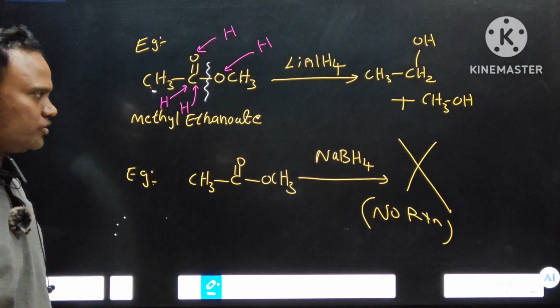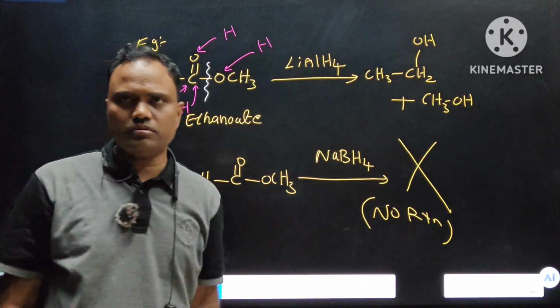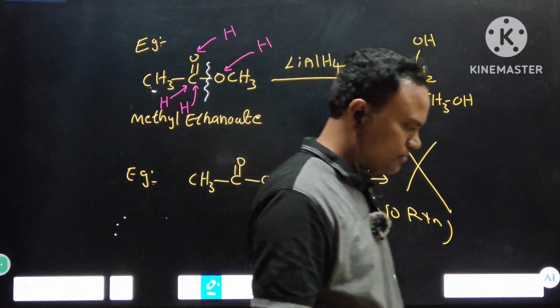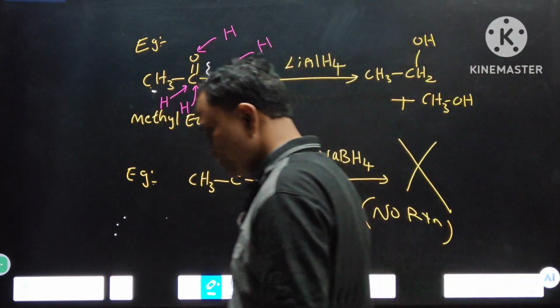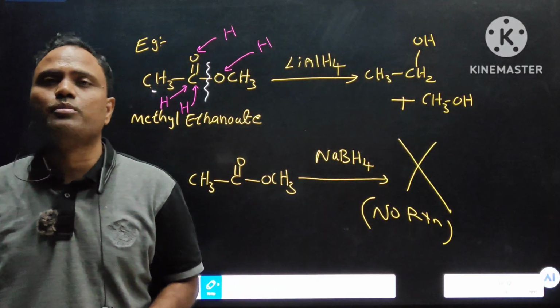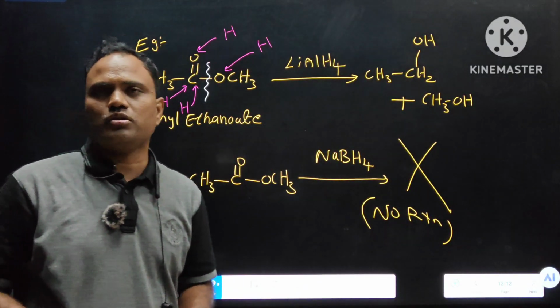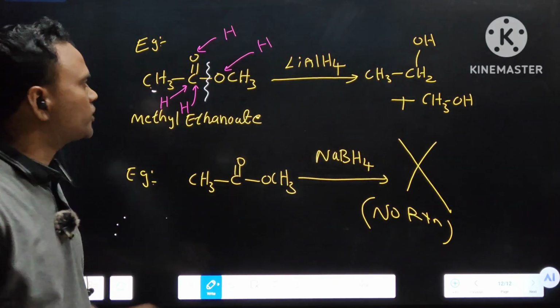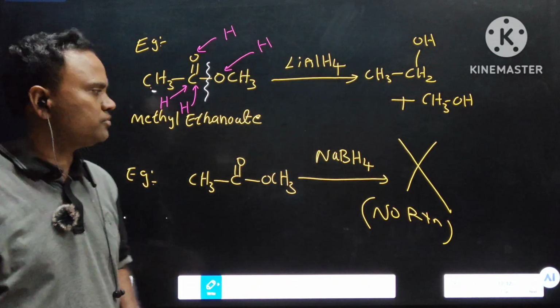Very important point. I'll give you some important examples, wait for some time. Sodium borohydride is a poor reducing agent. It reduces only carbonyls, meaning aldehydes and ketones, to alcohols.